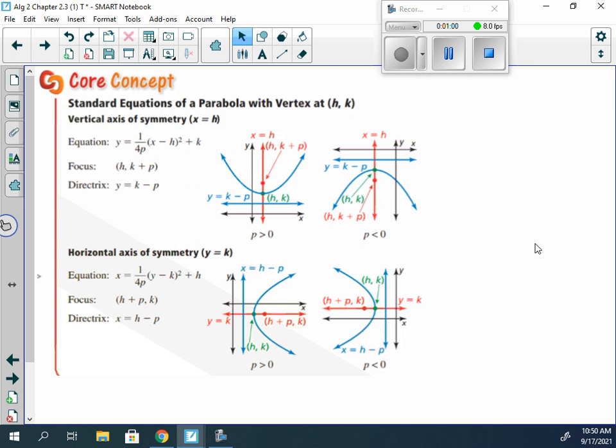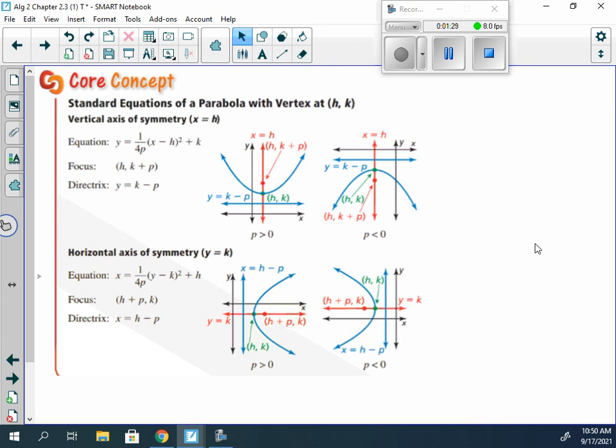For the focus is our h comma k plus p. And our directrix is y equals k minus p. And our axis of symmetry is x is equal to h.